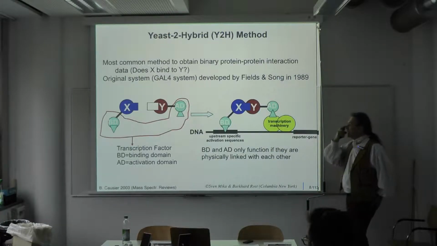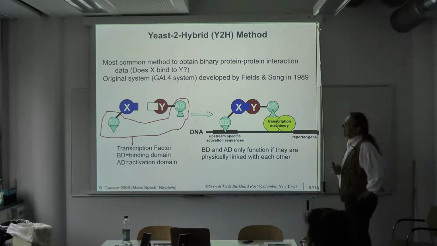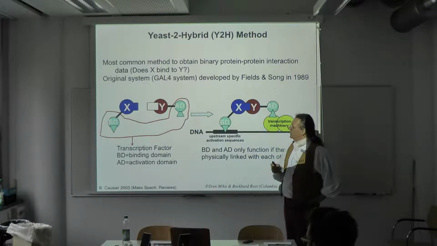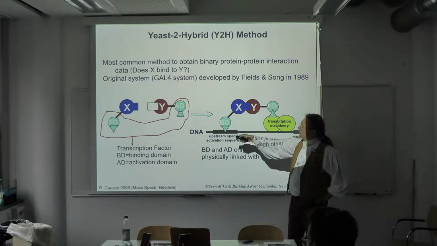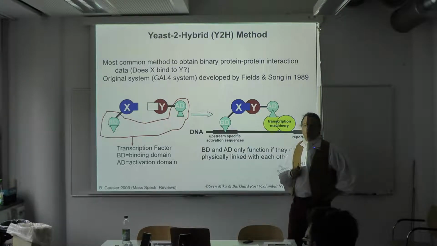One experimental way, in fact the most important high-throughput experimental way, is something called yeast two-hybrid. In the yeast two-hybrid, you want to test whether X and Y interact.